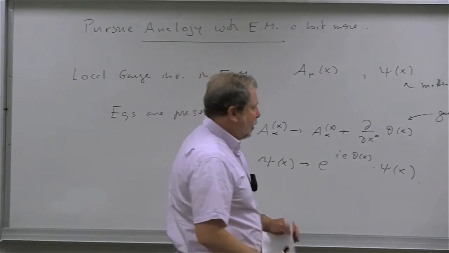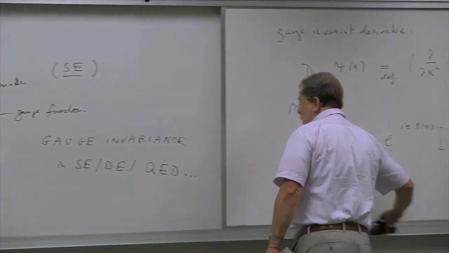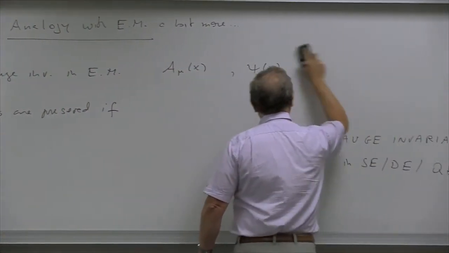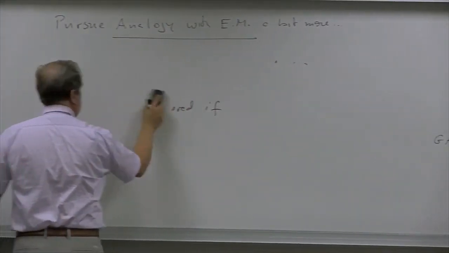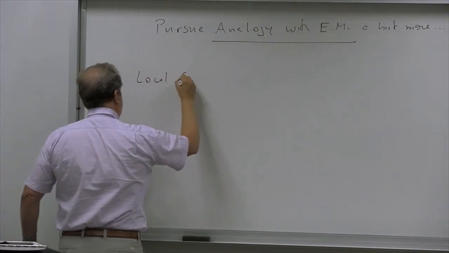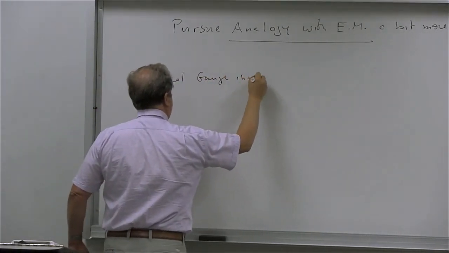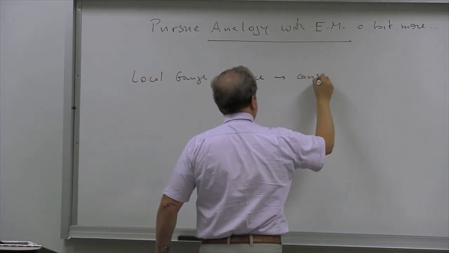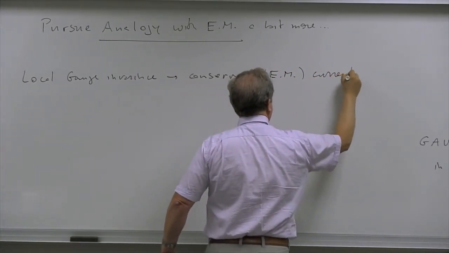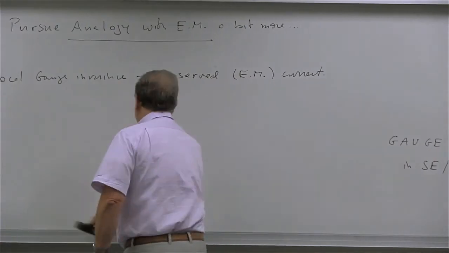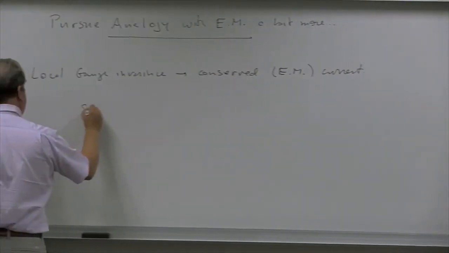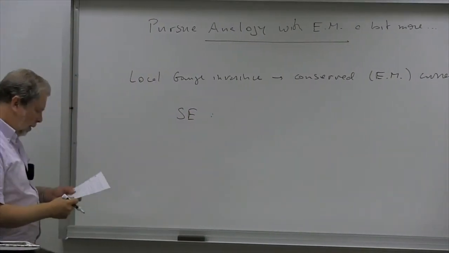Now, in electromagnetism, we have one more consequence of this gauge invariance. And the consequence is that the electromagnetic current is conserved. So local gauge invariance leads to a conserved electromagnetic current. And so again, if you're dealing with a Schrödinger equation, the electromagnetic current is something that looks like this.